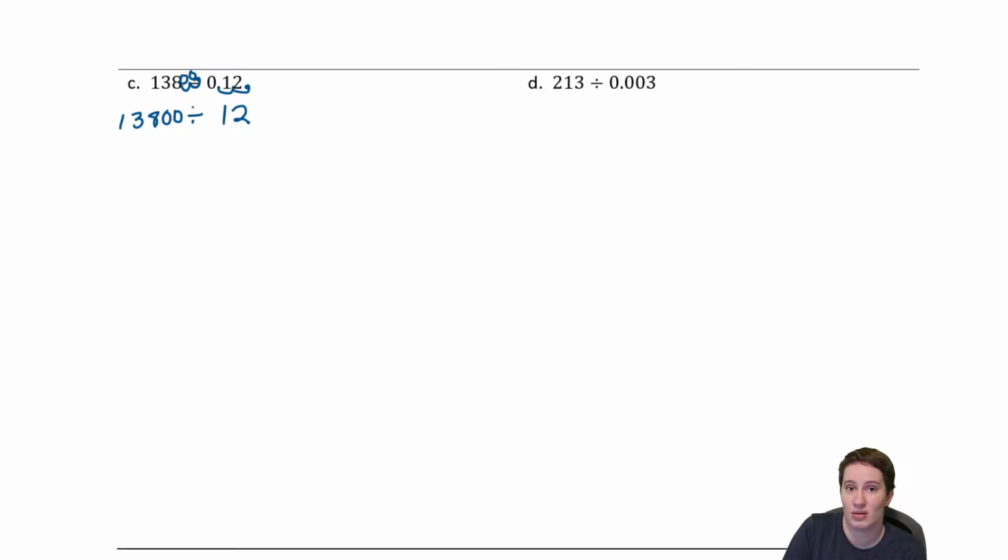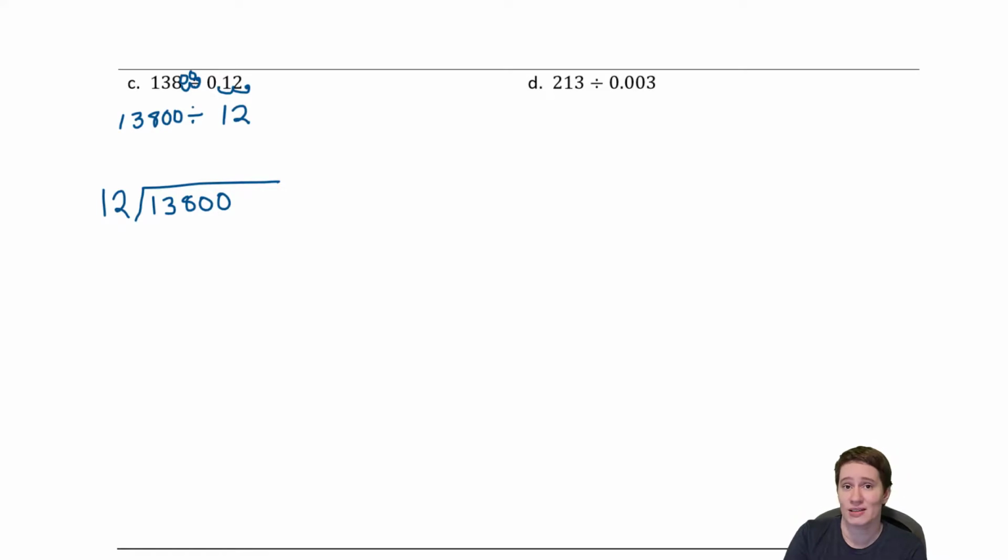13,800 divided by 12. Now, you may already realize this, but the reason that most of us are not such huge fans of long division is because of times when you have to really work hard to figure out how many times something goes in. And that either could be because you aren't solid on your multiplication tables, or it could be because it's a number that's not a part of the multiplication tables.